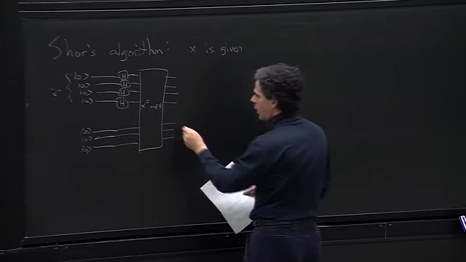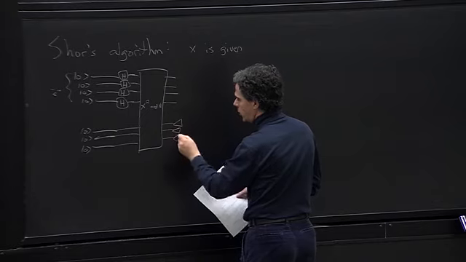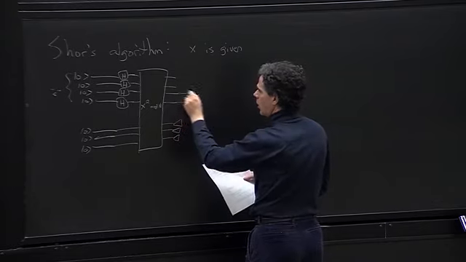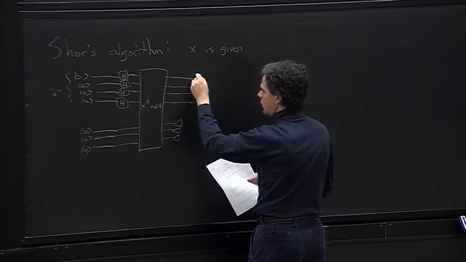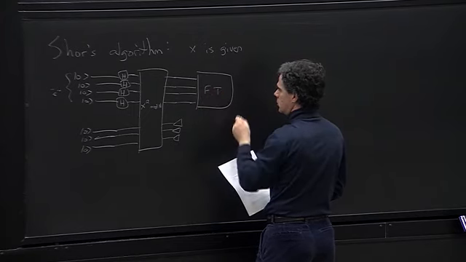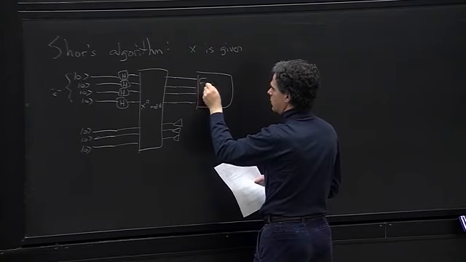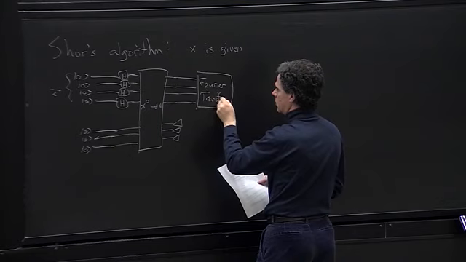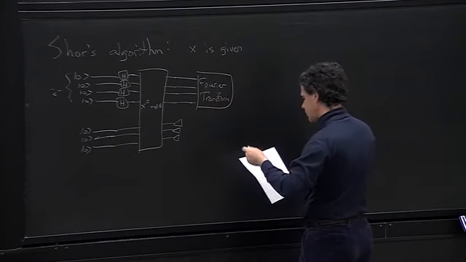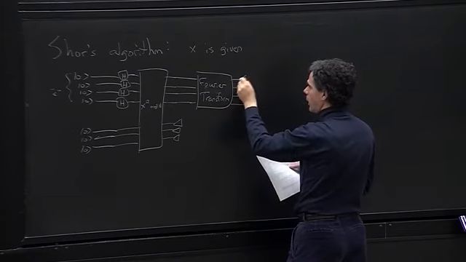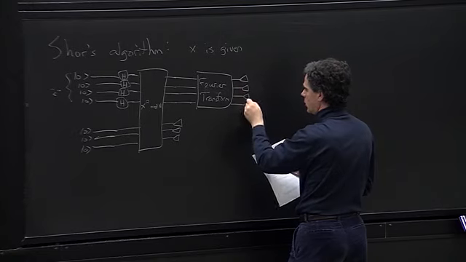Then what we're going to do is measure the second register. And then we do the Fourier transform. Write that out. And then we measure these qubits.